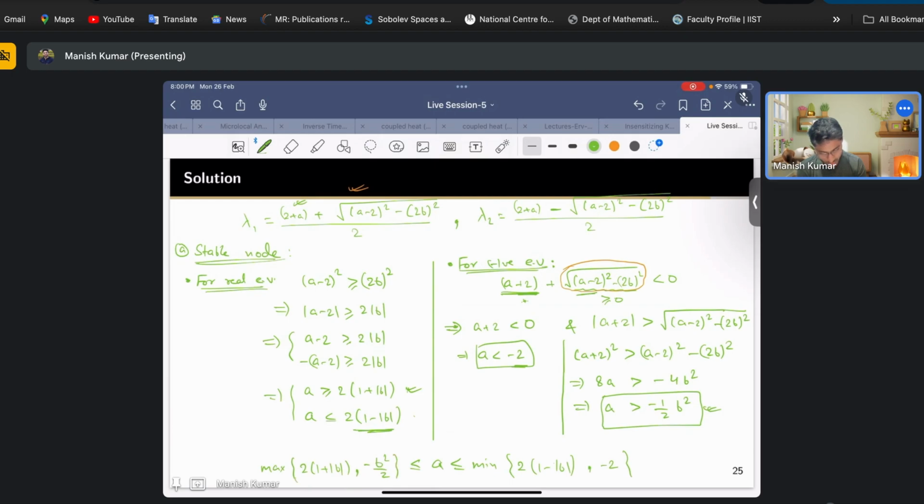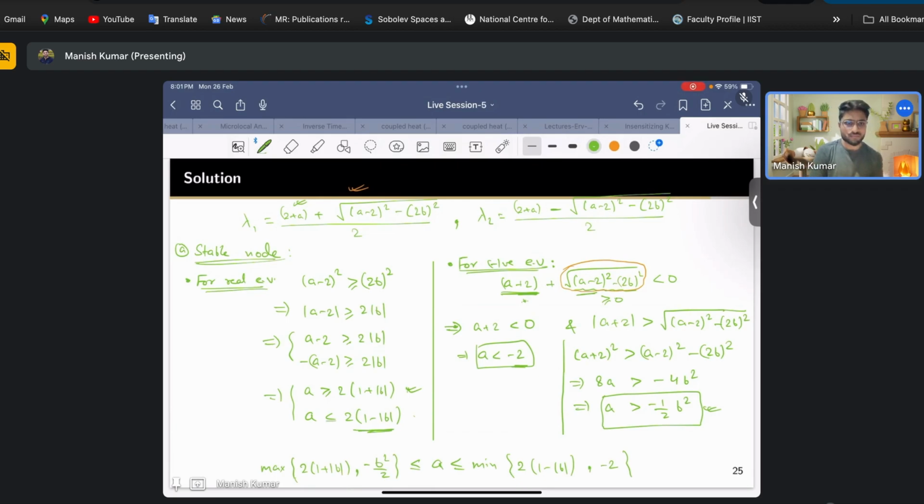So a should lie in this range. So a and b should satisfy this kind of bound or relation. Okay, if we have this kind of relation, then we are done. Maybe you can try to simplify it further if possible, I don't know. But as of now let's write it in the best way that we have. Okay, this is the relation. If we have it, then we know that the eigenvalues will be real and negative.